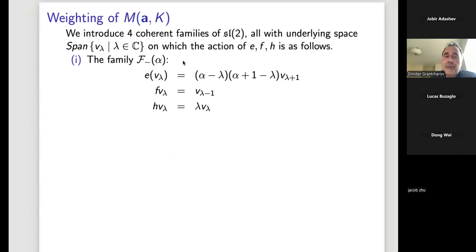So the four families are involved in the description of these coherent families. So I will give you explicitly four coherent families of degree 1. And then MAK will decompose as a direct sum of some of these four families.